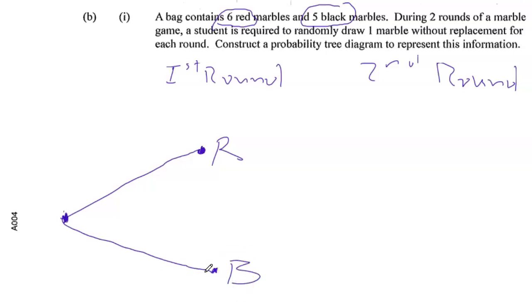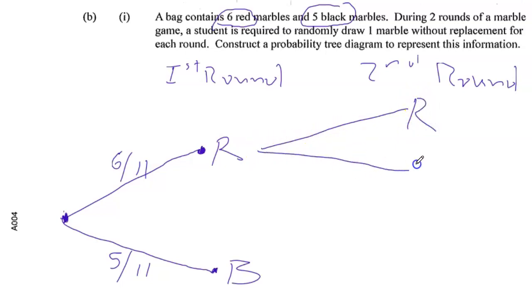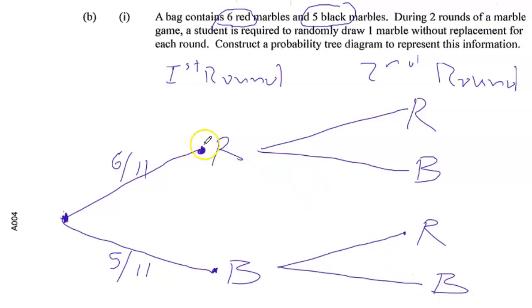And the chance of drawing a red marble, there's 6 red marbles, 11 in total, so 6 out of 11. Chance of drawing black, that's 5 black, total of 11. So the second round, again the possibilities are red and black. Alright, so this is a case where the first marble was red.